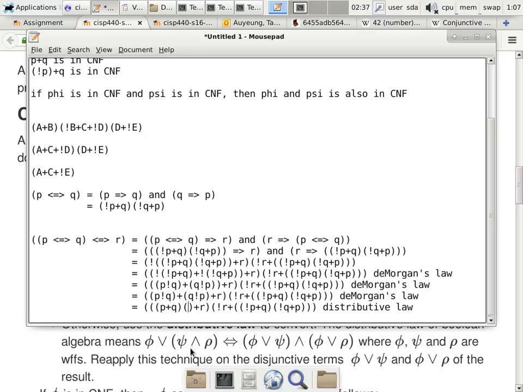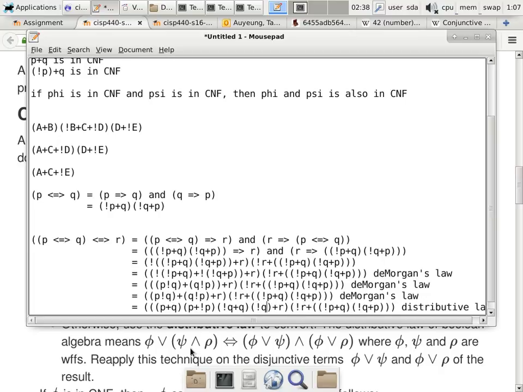And then P or not P, and Q or, oops, not Q from the first expression, or Q from the second one. And then we have not Q or not P from the second one.